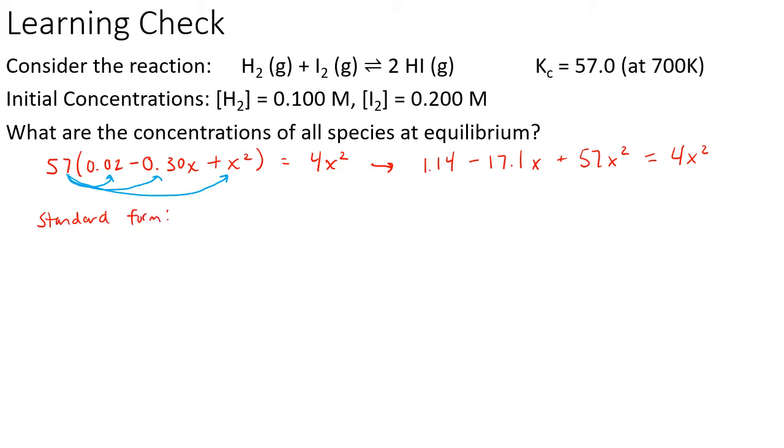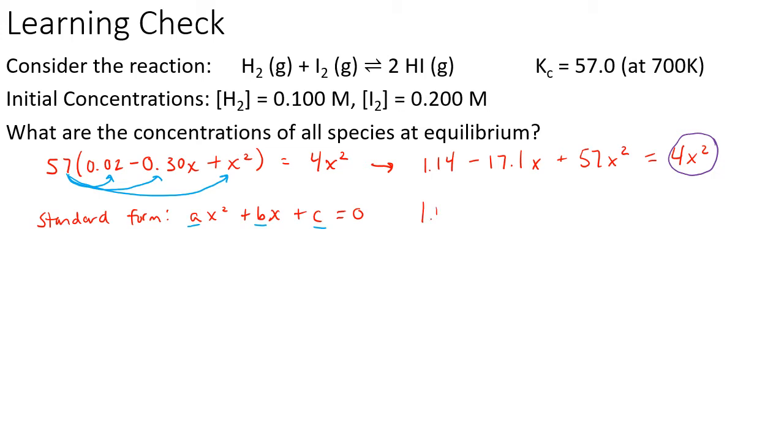Standard form is ax squared plus bx plus c is equal to 0. And then we'll need to determine what our a term, our b term, and our c terms are. So in order to set this whole thing equal to 0, we just need to subtract 4x squared from the right hand side of the equation and move it over.